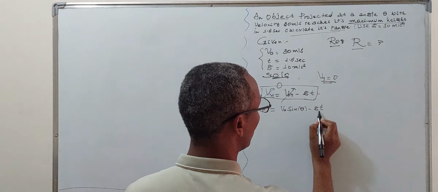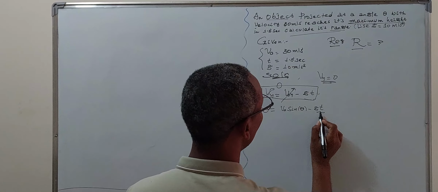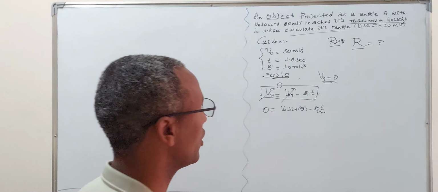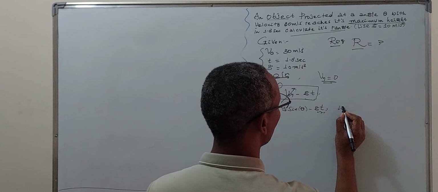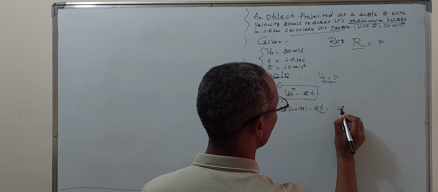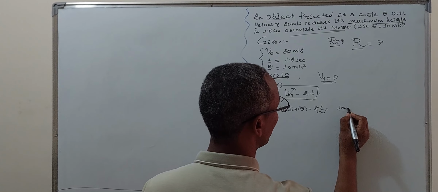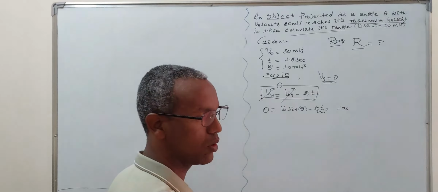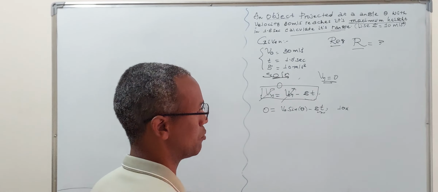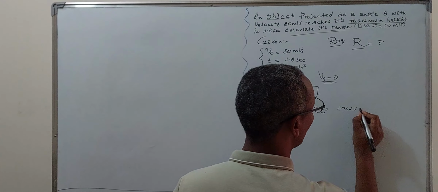From here, we can see that g and t, the acceleration due to gravity and time, give gt equal to 10 times 1.5, which is equal to 15 meters per second.